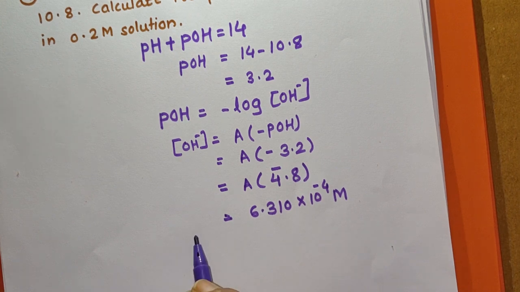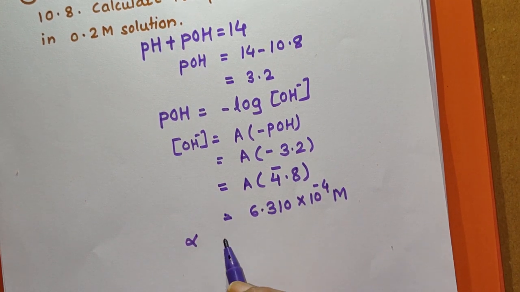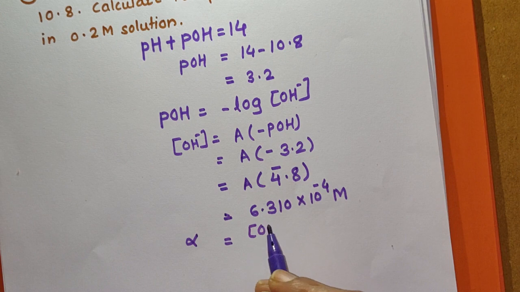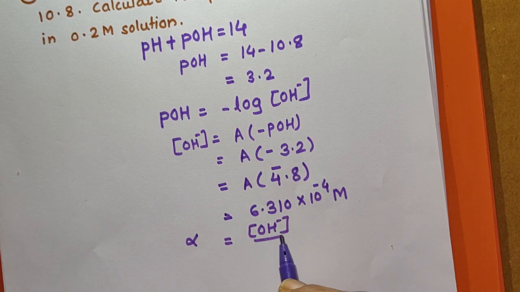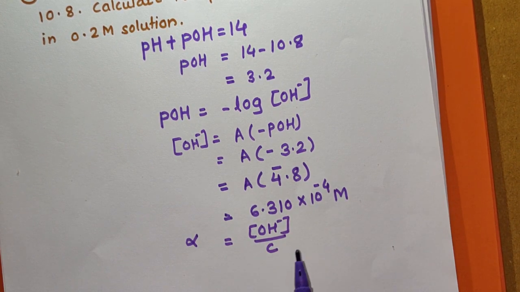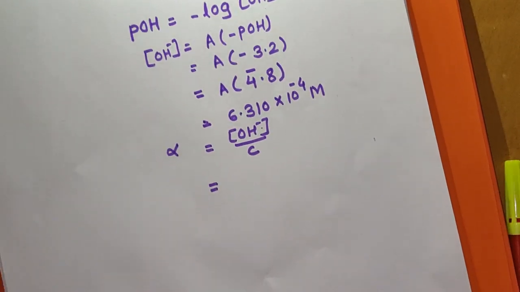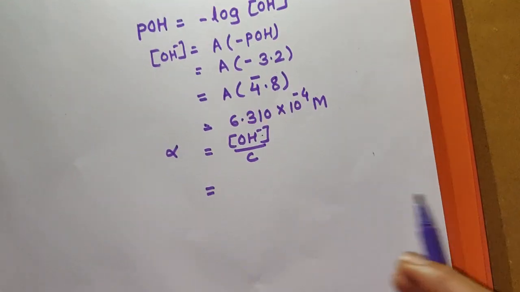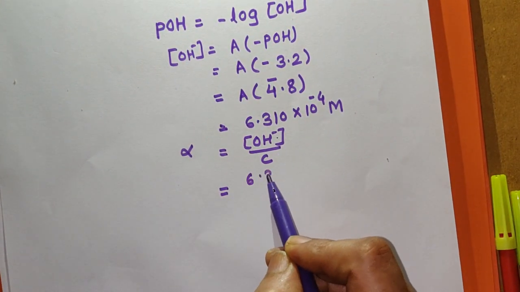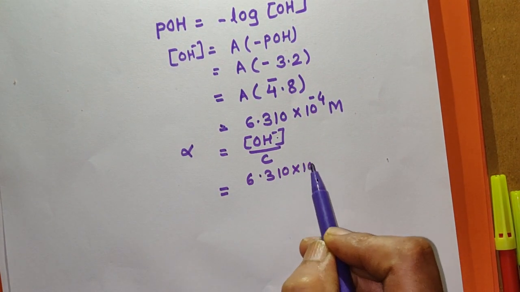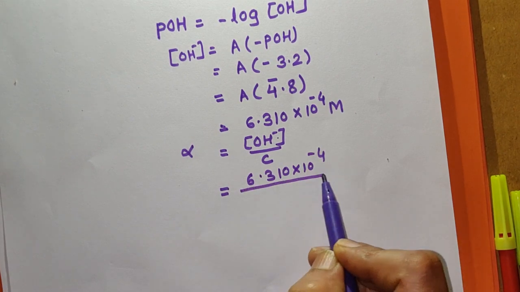Now what is alpha? Alpha is equal to concentration of OH minus upon C. For a weak base, you know that concentration of OH minus ions is equal to alpha into C. So alpha is equal to concentration of OH minus upon C. So it will be equal to 6.310 into 10 raised to minus 4 divided by, what is the concentration?